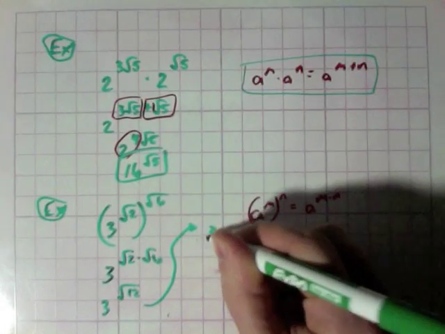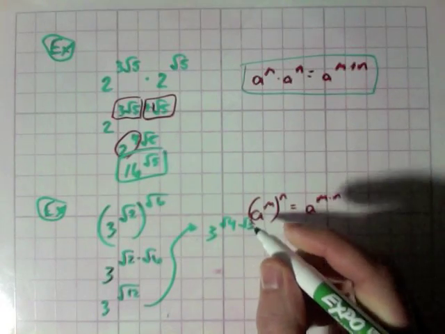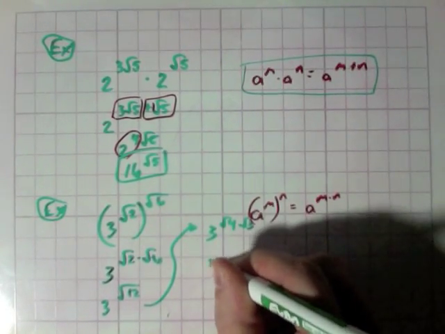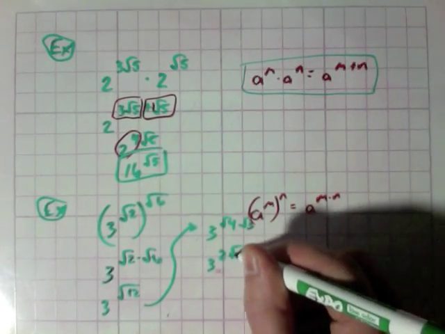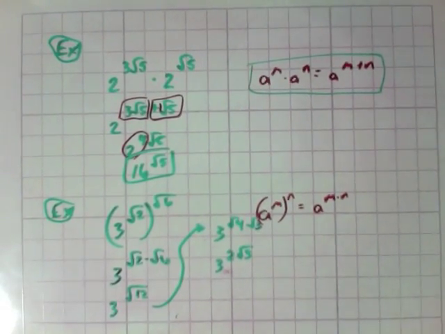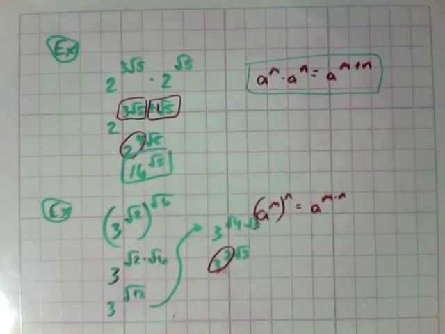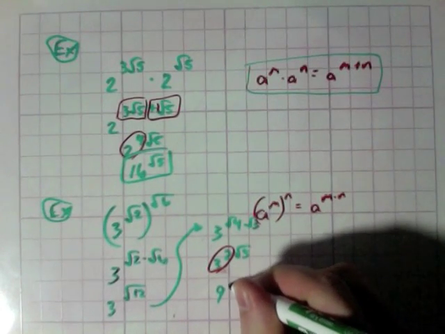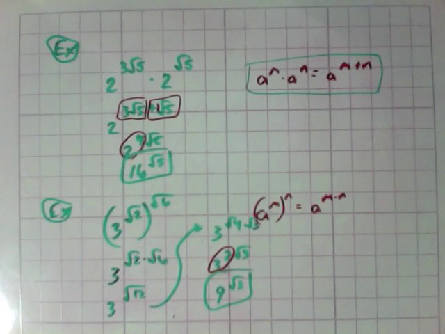So that would have been 3 to the square root of 4 times the square root of 3. The square root of 4 becomes 2, so that's 3 to the 2 times root 3, which I can think of as 3 squared to the root 3, and 3 squared is 9. So 9 to the root 3 is the way I could simplify that.